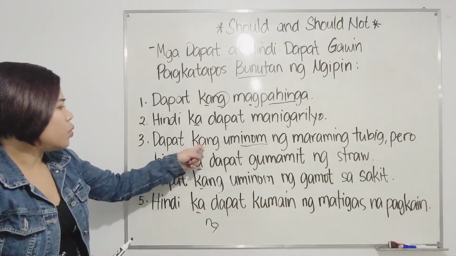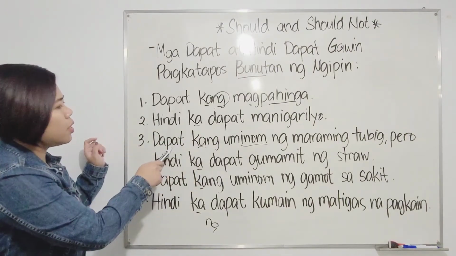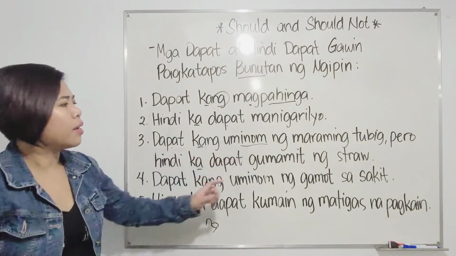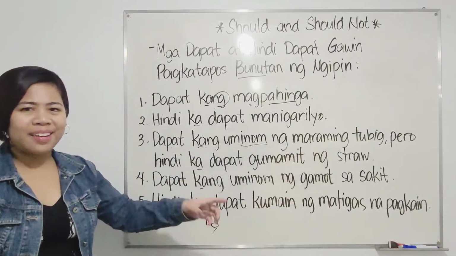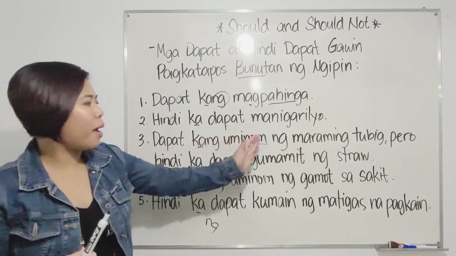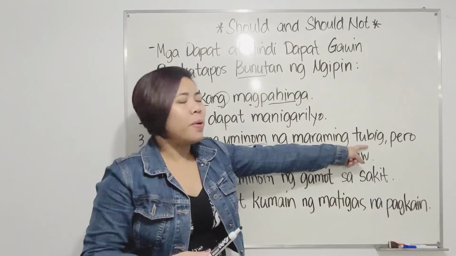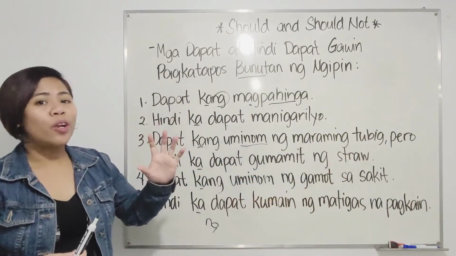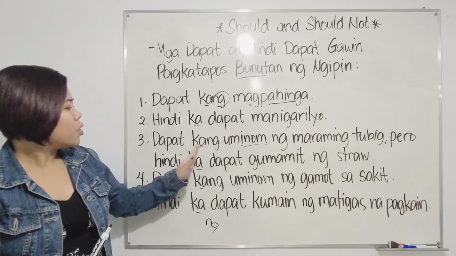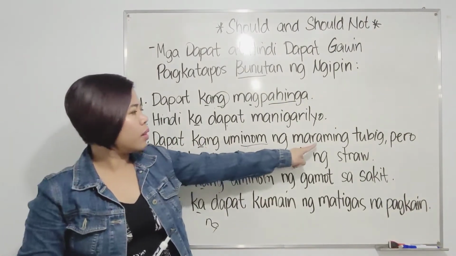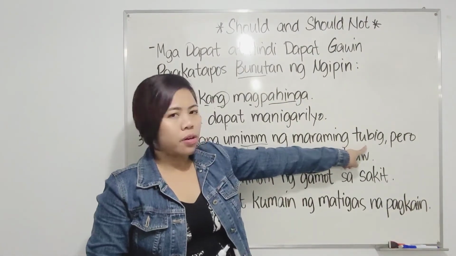Dapat kang, you should drink marami. What's marami again? A lot, right? Marami. You should drink a lot of tubig. What is tubig? Water. So you should drink a lot of water.